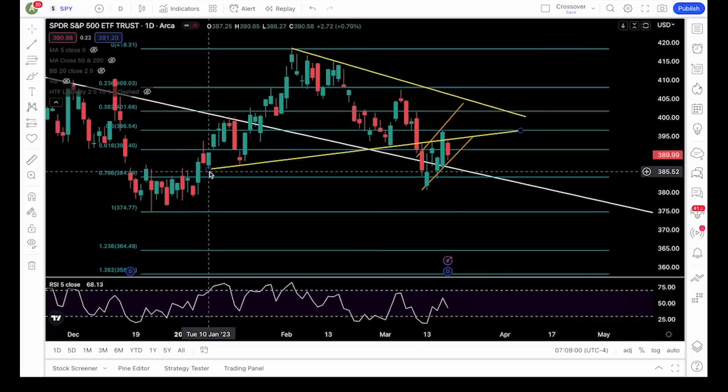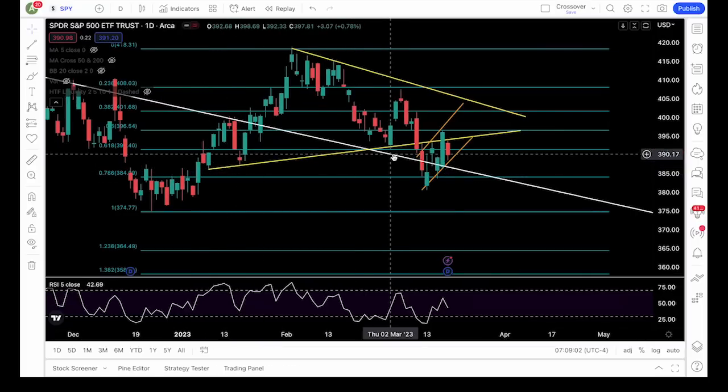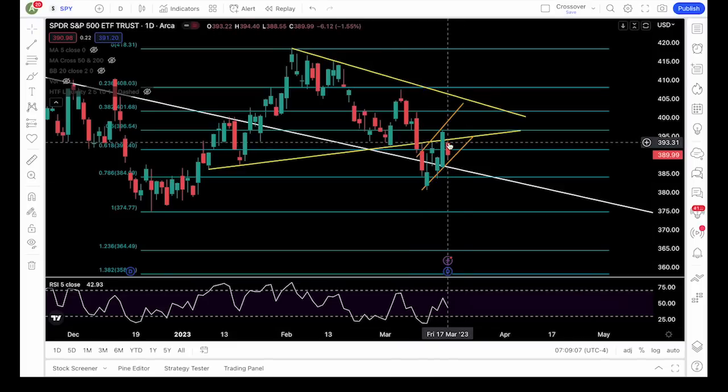It connects January 10th, January 19th, and March 2nd lows, and we got a 1, 2, 3 touch of it this past week as resistance. So if bulls can recapture 394, that will be a recapture of this yellow trend line. It also recaptures the 200 daily moving average. With the next fib level, I got 395 as a resistance as well.